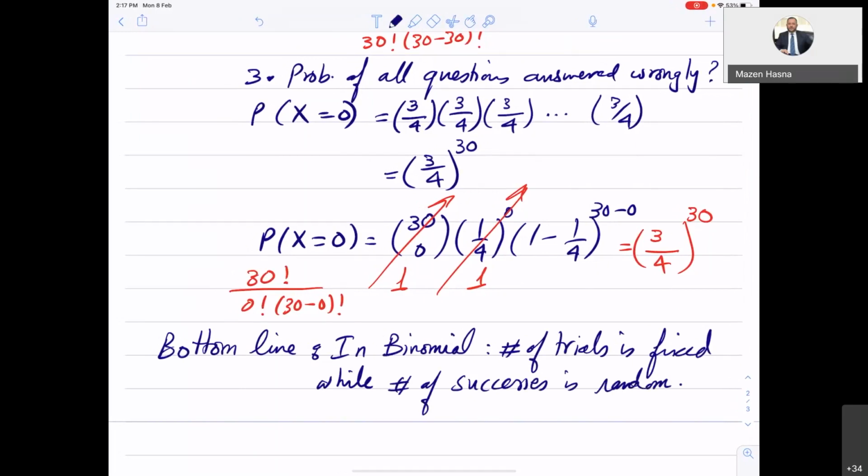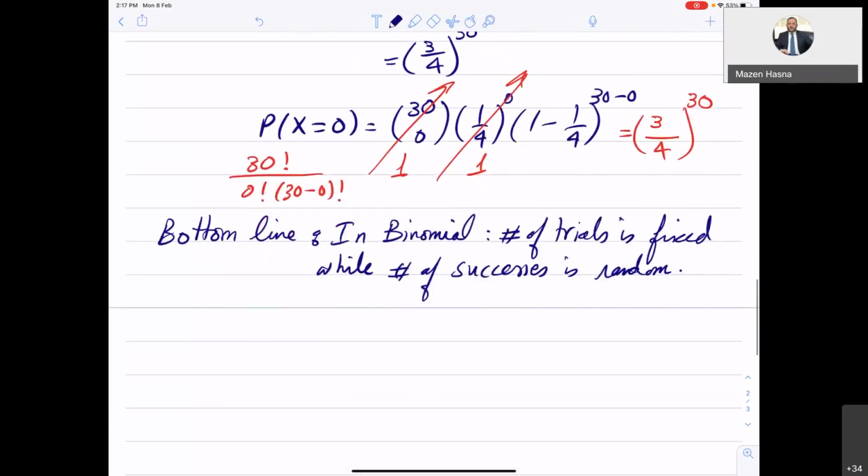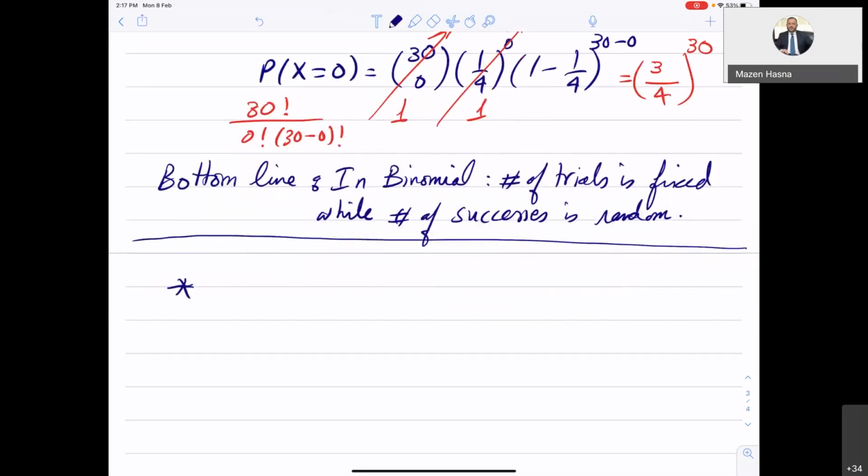So if you repeat this experiment, if you take the exam multiple times, on one occasion it might be one problem wrong, on another occasion 2, 3. So the number of correct answers that you get is random. Which leads us to the next distribution that we want to talk about, which is the geometric distribution.